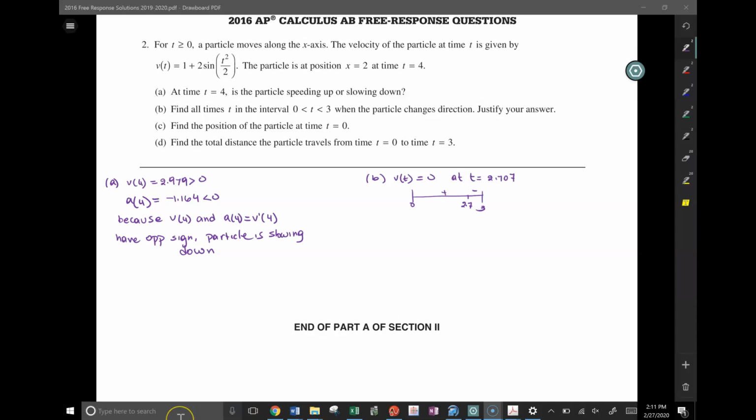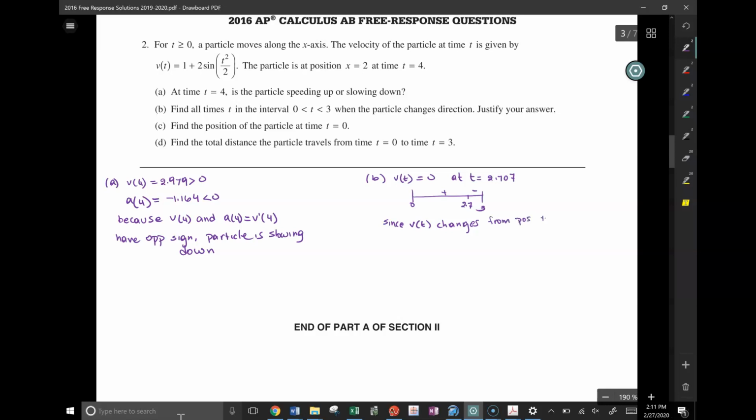And I say here, since v of t changes from positive to negative at t equals 2.707, the particle changes direction at that point.